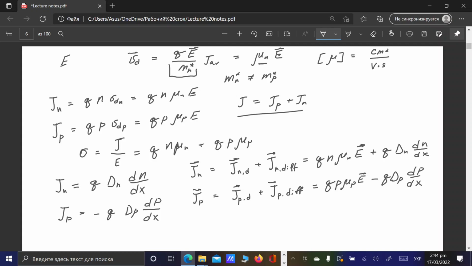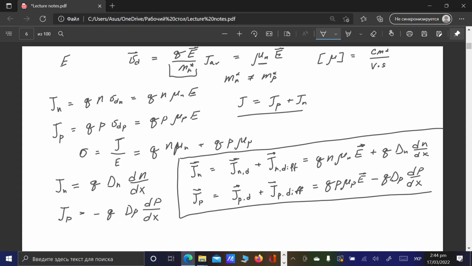So now we have these two equations which actually describe charge transport in semiconductor samples and devices. In each of these equations, we have two parameters which are features of charge transport in semiconductor, mobility and diffusion. What is important to underline here is that drift and diffusion as charge transport are not completely independent processes.